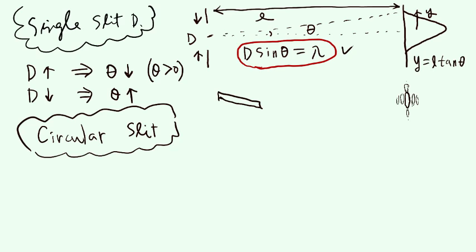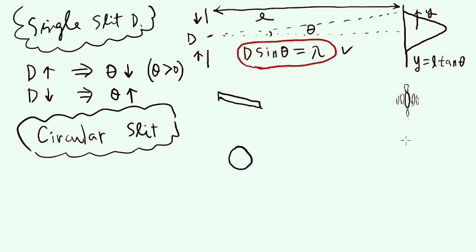If you have a circular slit, the diffraction spot that you get is also circular. That much is obvious, no? Because of the circular symmetry, the diffraction pattern should be the same in all directions on the screen, and that's different from this rectangular slit case, right?